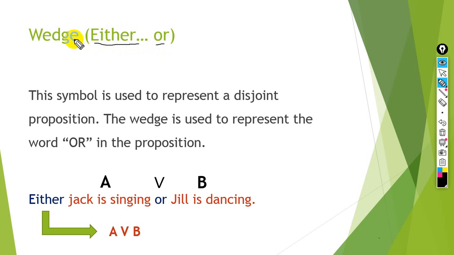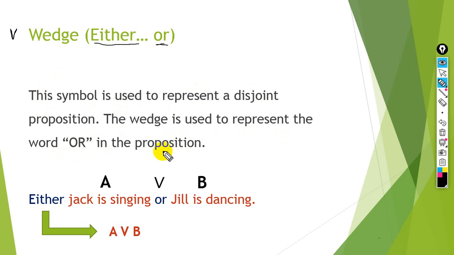So we are using this symbol for or. This symbol is used to represent a disjunctive proposition, which represents the word or in the proposition.